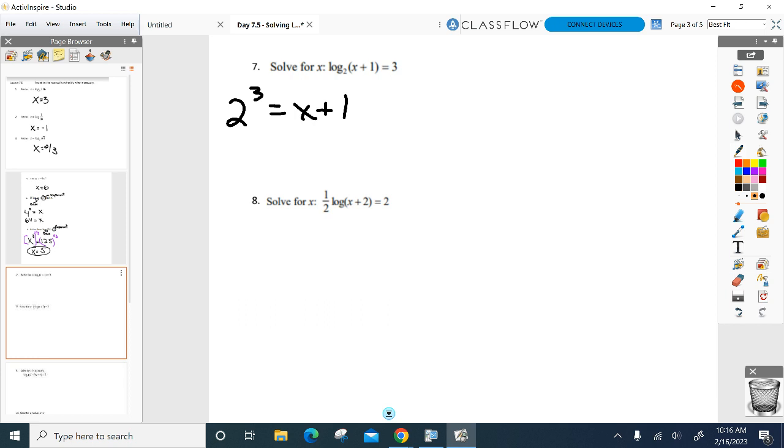Then we got an issue. All right, so we all got x equals 7. Great. 8. Anybody want to ask a question on 8 before I call on a number?